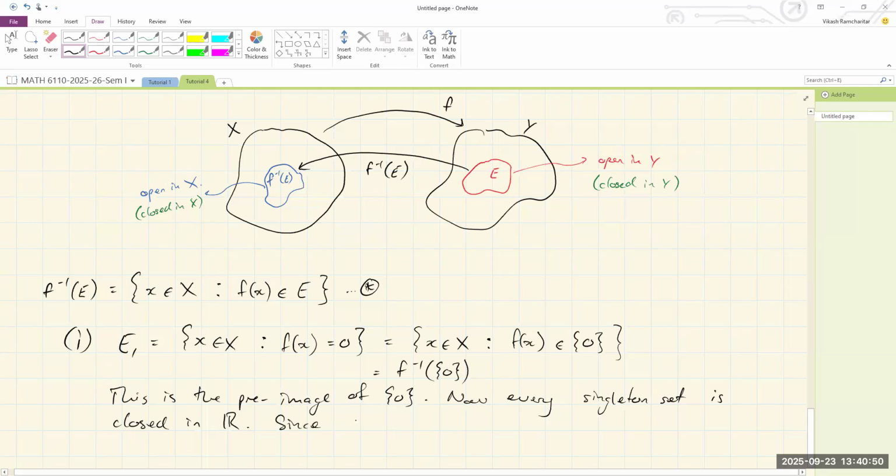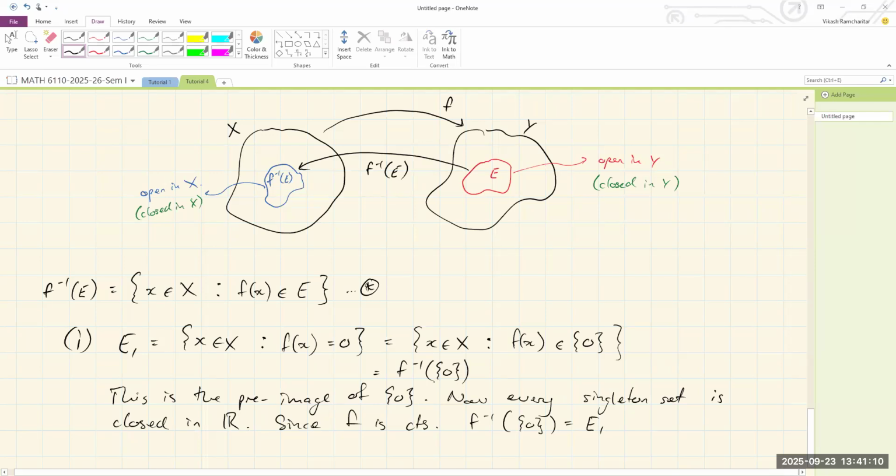Since F is continuous, it pulls back closed sets to closed sets. So E1 is a closed set, because singleton 0 is a closed set, so the pre-image of it will also be a closed set.